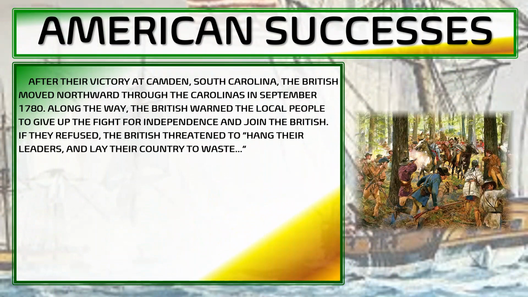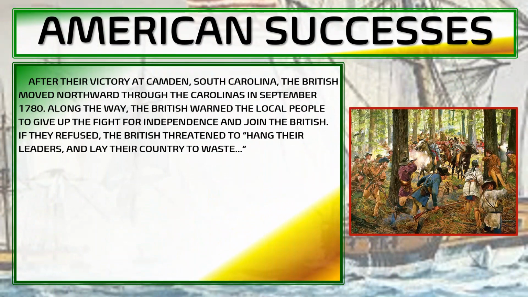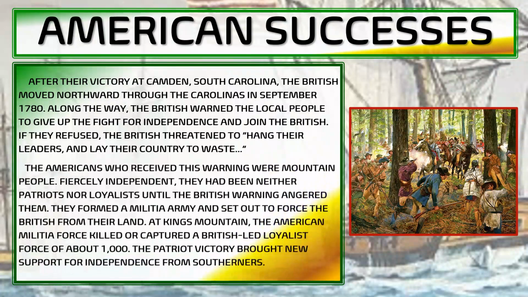American successes. After their victory at Camden, South Carolina, the British moved northward through the Carolinas in September 1780. Along the way, the British warned the local people to give up the fight for independence and join the British. If they refused, the British threatened to hang their leaders and lay their country to waste.